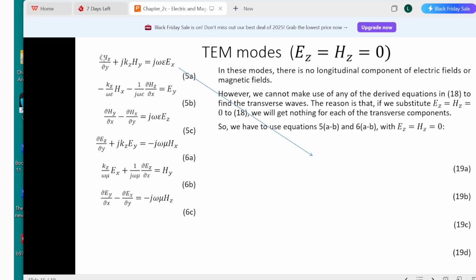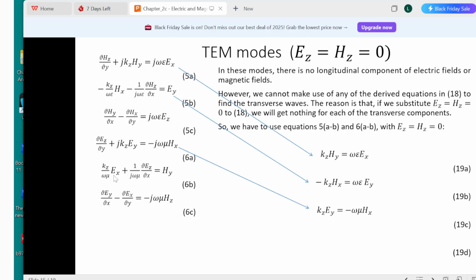So the first one, this one will be 0. The second one, this one will be 0. The third one, we can't do anything. The equation 6a, we can do this. This one will be 0, so we end up with this one.